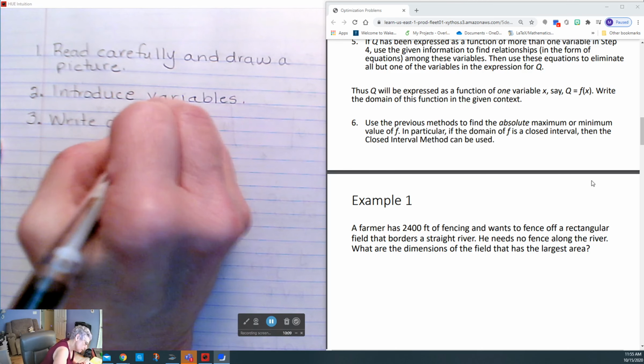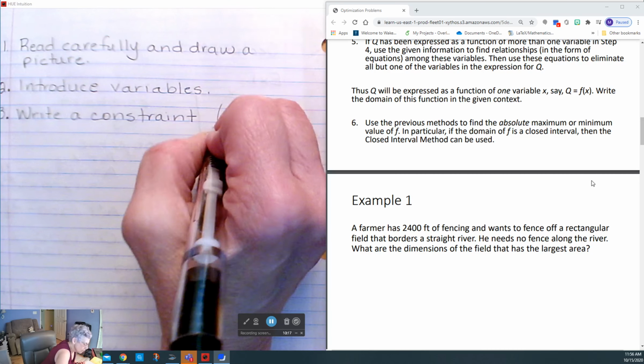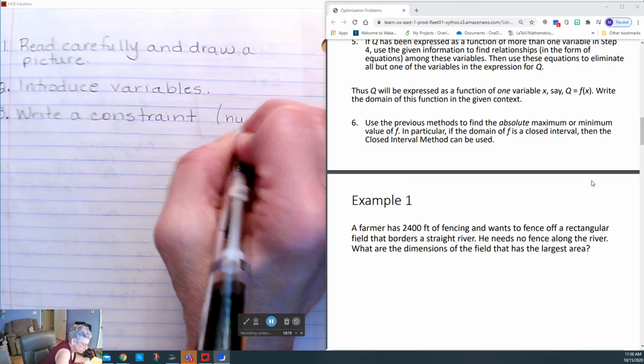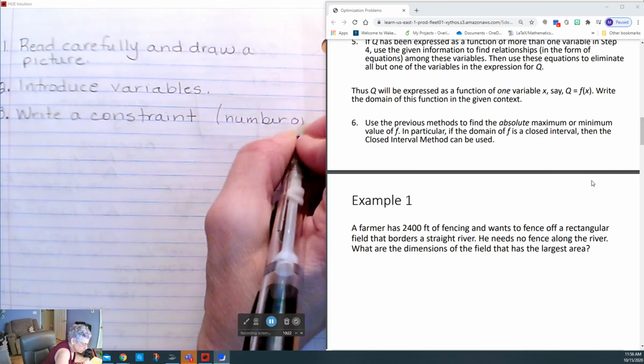Write a constraint. It's going to have a number on one side of the equal mark. And an objective.